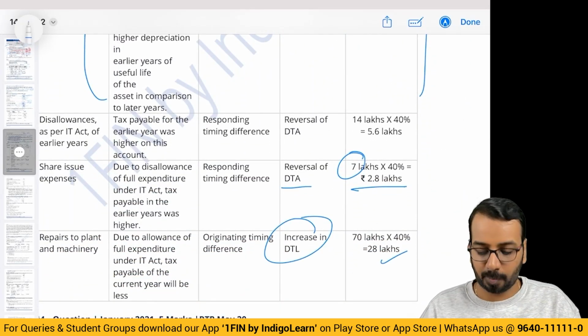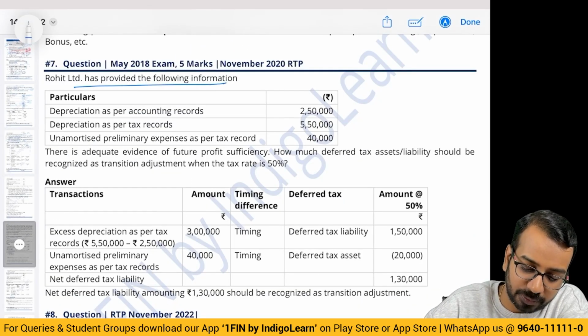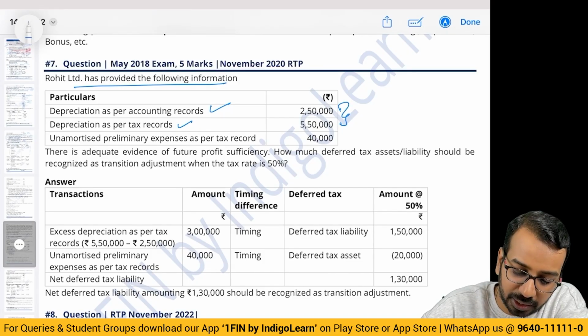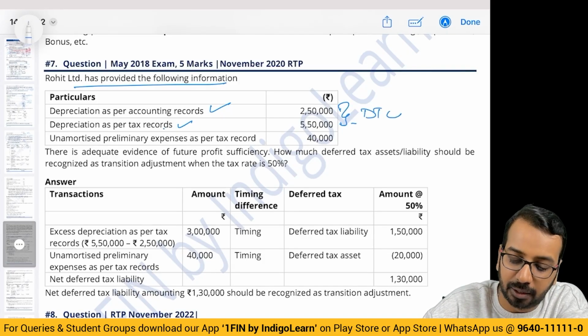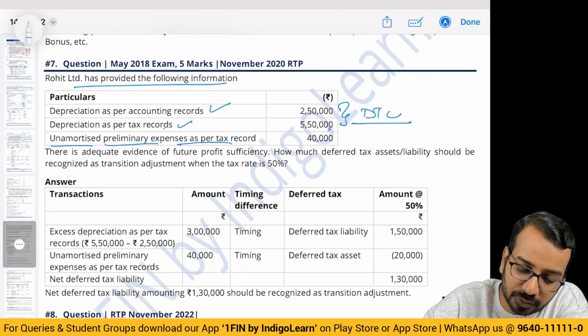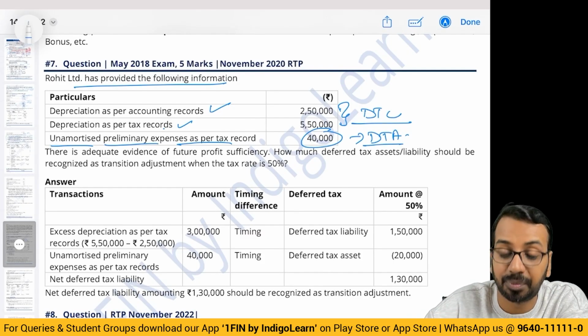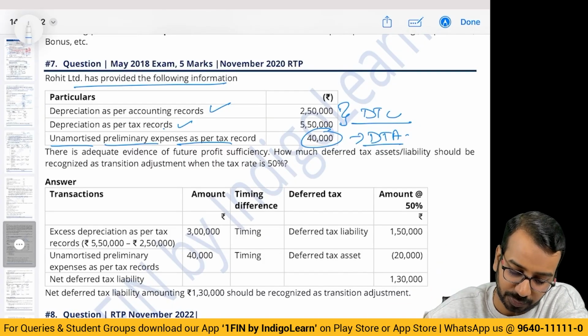We'll show this. Okay. Now if you look at this, following information has been provided. Depreciation as per accounting and tax is given. This will again result in tax is higher. So DTL. Right? Straightforward. Unamortized preliminary expenses 40,000. This is disallowed. So this will create a DTA because it will be allowed in the future.